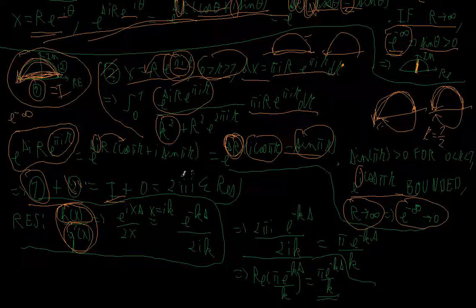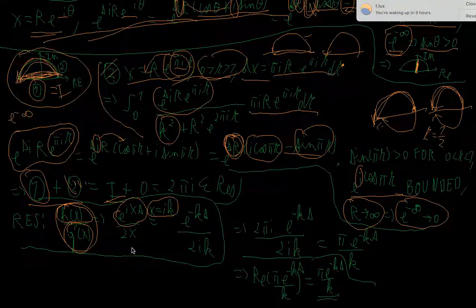And so now we plug in our only pole inside our domain, so x is equal to ik. I said the things above the fraction bar don't change. So we plug in everything, we get e to the ixs, and now x is ik, so e to the i times ik times s, so e to the i squared ks, so e to the negative ks.